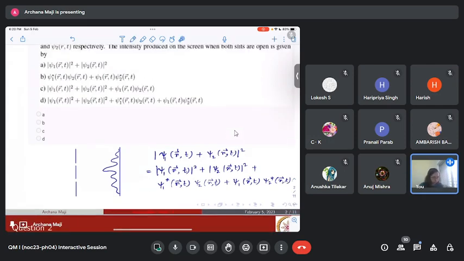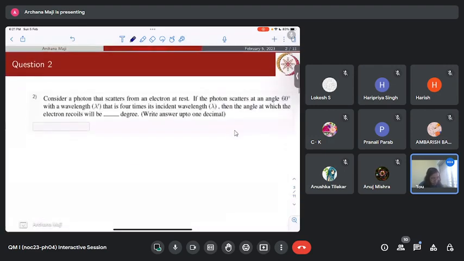But if we do some measurement, then this interference pattern will no longer be there, and we will get a single block. Okay, so option D is correct here.